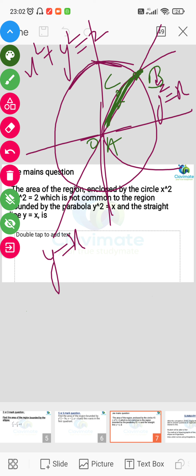Since y square is equal to x, this is a common point of y square is equal to x and y is equal to x. So what is the value of this point? So let us find the value of this point.